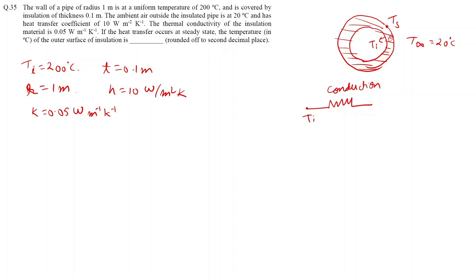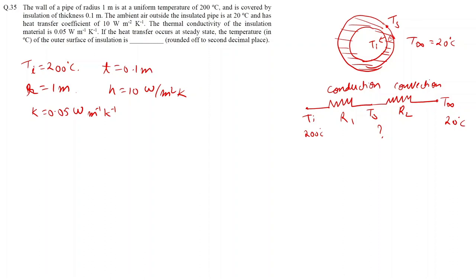Let's call the resistance due to conduction R1, and then over here the temperature is Ts. Then again we will have convection resistance, so let's call it R2, and finally we have T infinity. So Ti is 200 degrees Celsius, Ts we have to find, and T infinity we have been given as 20 degrees Celsius.